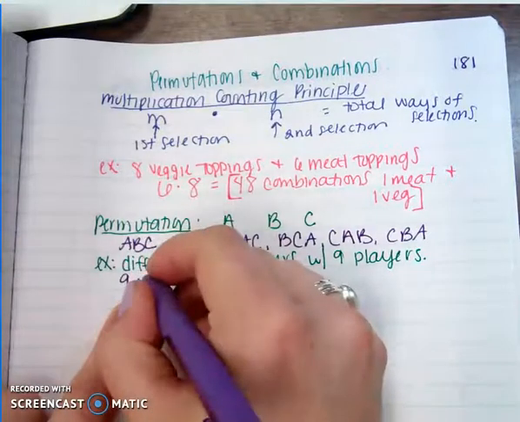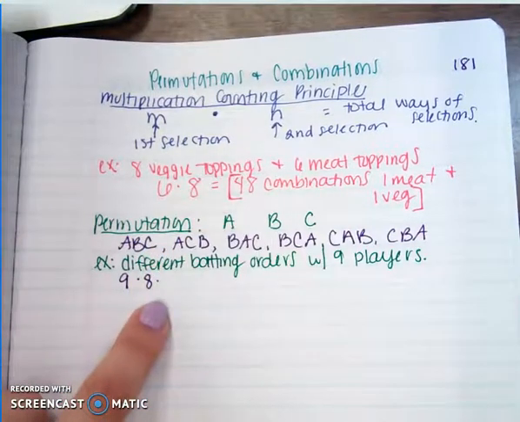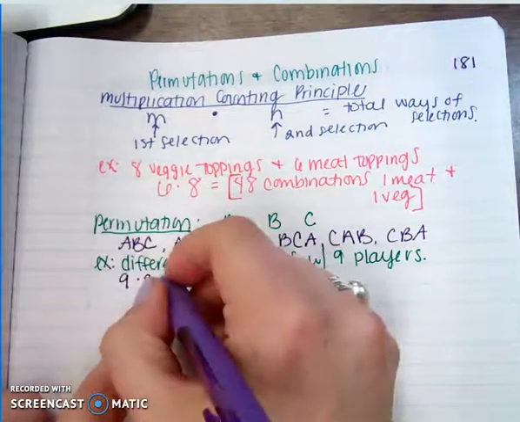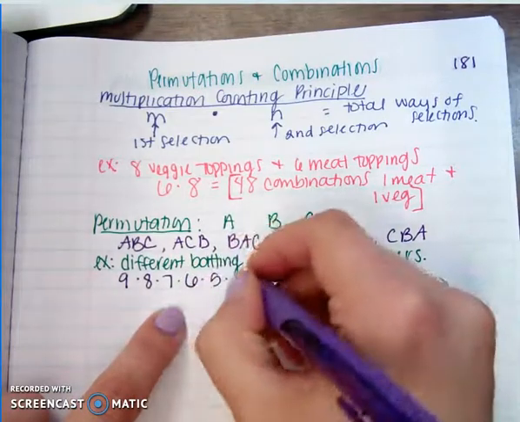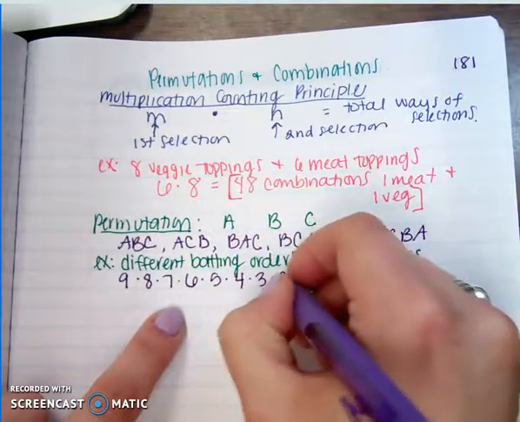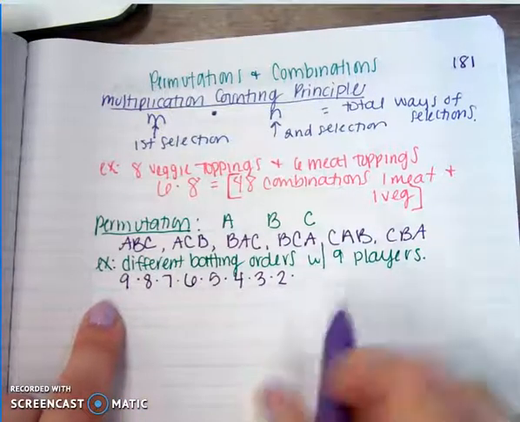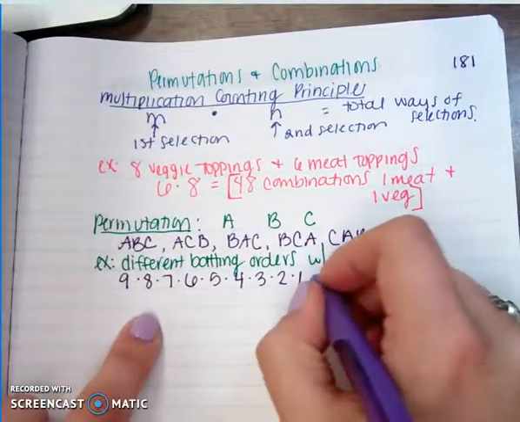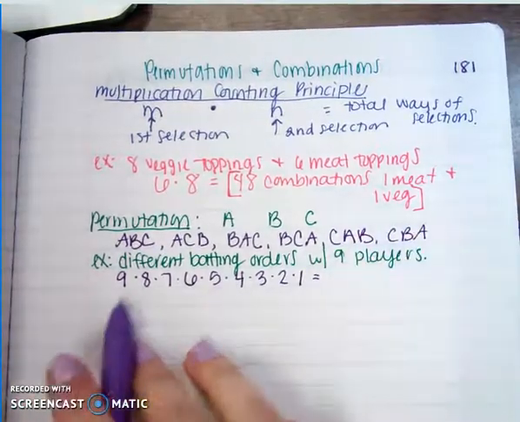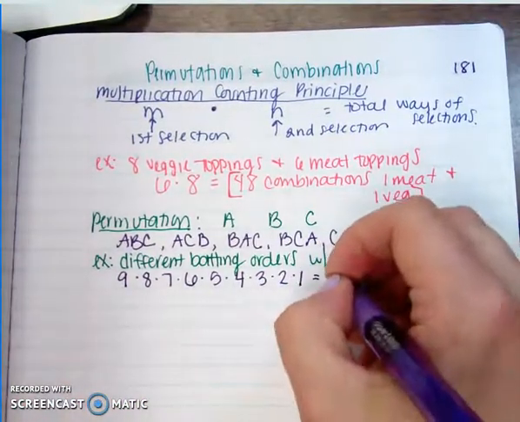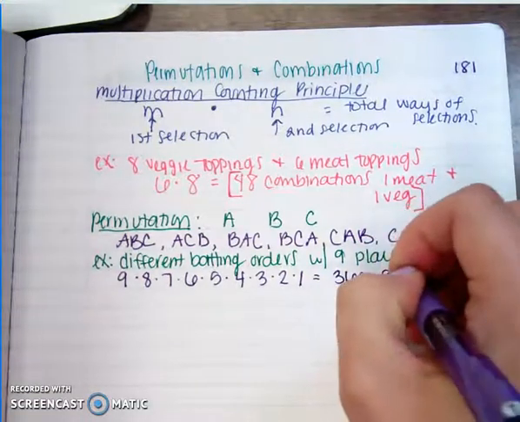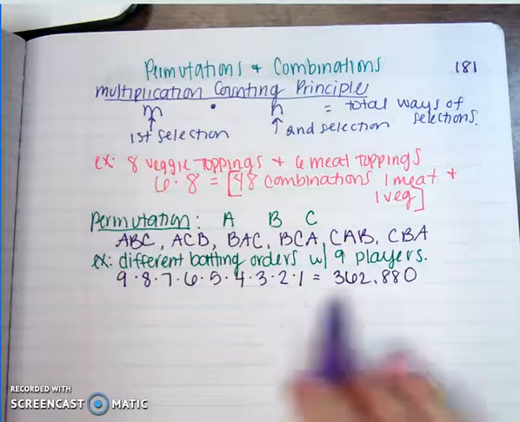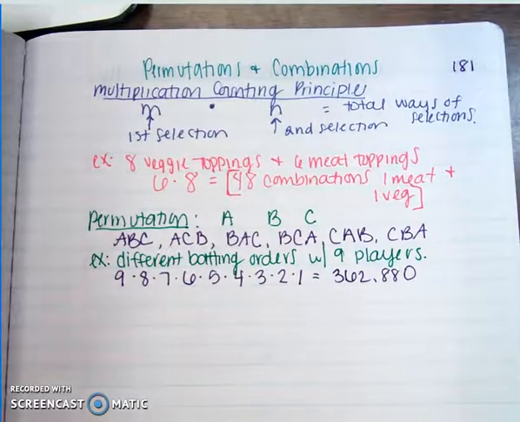And then I'm left with 8 batters to choose from for the second batter. And then 7 and so on. 6 options available, then 5 options left, 4, 3, 2. And after I've picked the first 8, there's only 1 person left for that last batting order spot. And so I multiply all those together. There are 362,880, obviously you can use a calculator for that, options for different batting orders given 9 players.